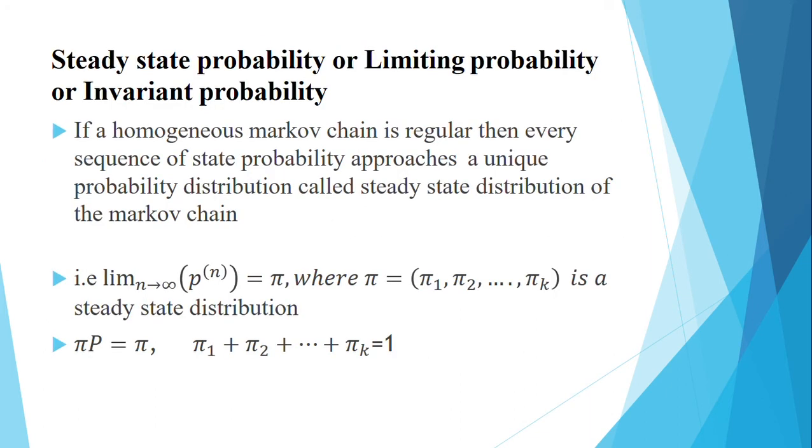Next definition is steady state probability. It is also known as limiting probability or invariant probability, or sometimes it is called stationary distribution. The definition of steady state probability says in the case of a regular homogeneous Markov chain, every sequence of state probability approaches a unique probability distribution.